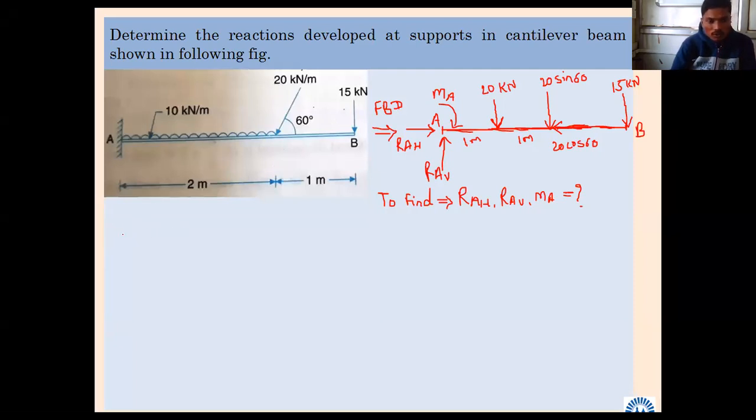Is it possible for you to solve by applying the conditions of equilibrium? Yes, sir. So whether we will get something by applying summation Fx equal to 0. Is there any force which is horizontal? Yes, sir.